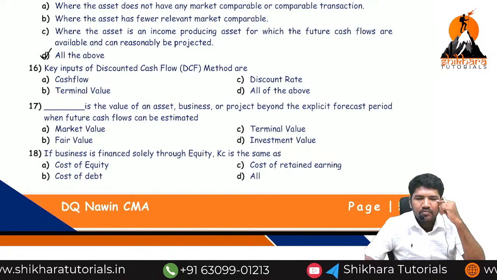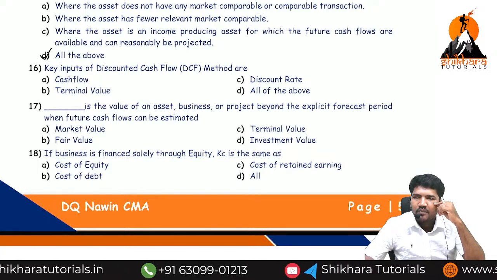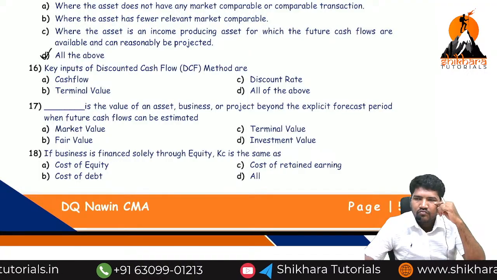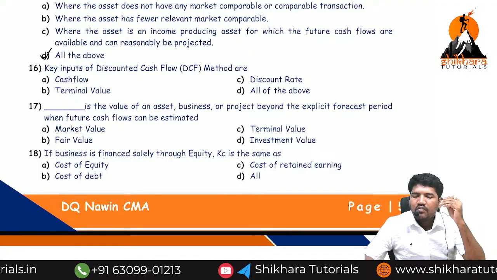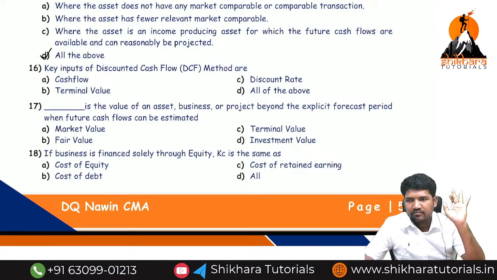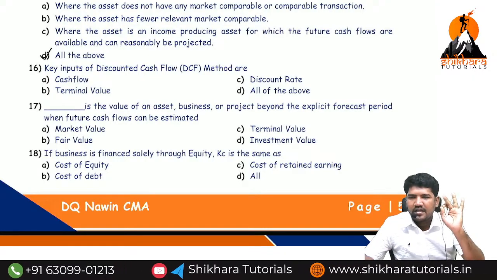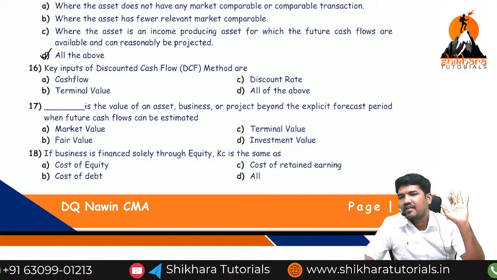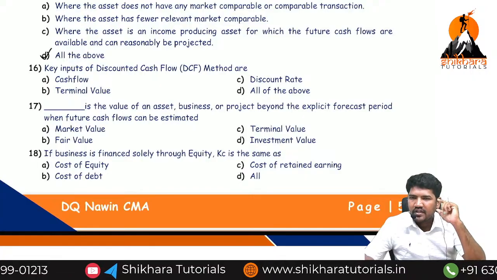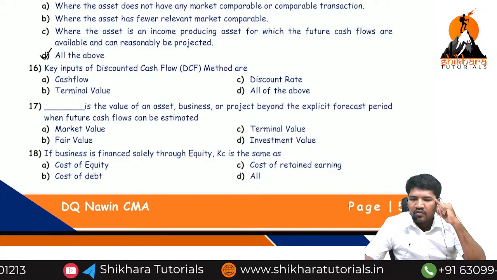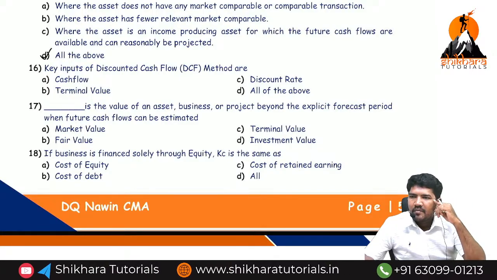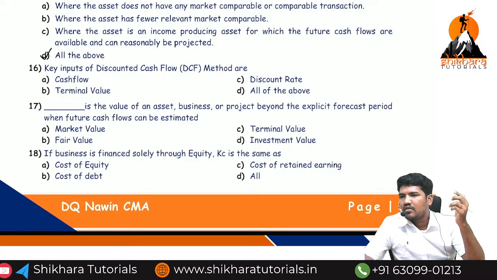As of now, understand discounted cash flow method means NPV. So for NPV calculation, what is the requirement? Cash flow is a requirement, terminal value is a requirement, and discount rate is a requirement. So all of the above are the requirements.